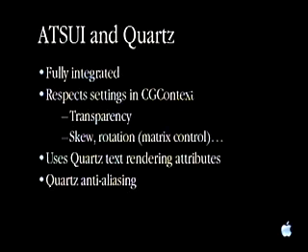Okay, a little bit about ATSUI and Quartz. ATSUI is fully integrated with Quartz. It respects the settings in a CG context. Basically, if you wanted to use Quartz, you create a CG context, you hand it off to ATSUI. ATSUI will then be using it to render the text, and it will take advantage of whatever is in that CG context. If you have a transparency set, it's there.